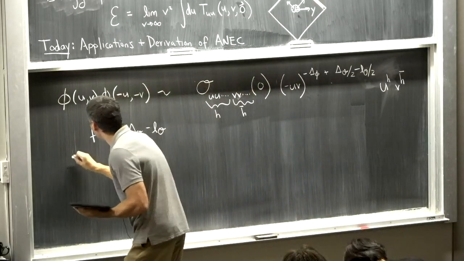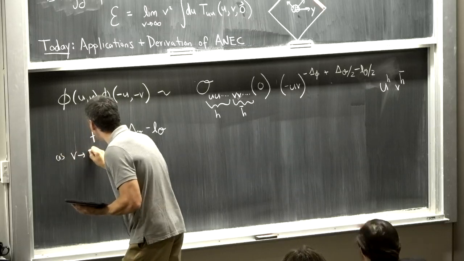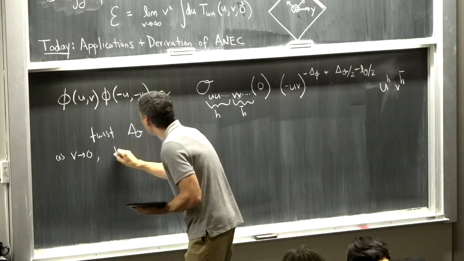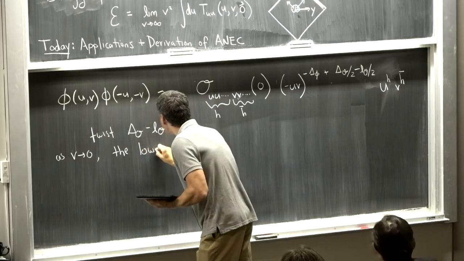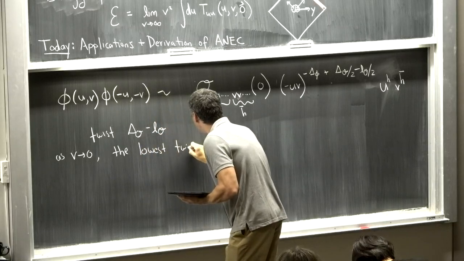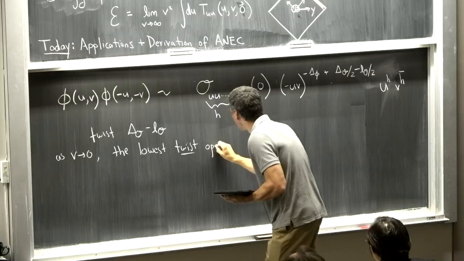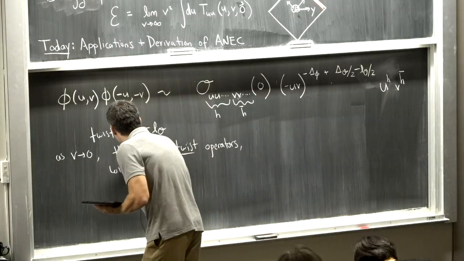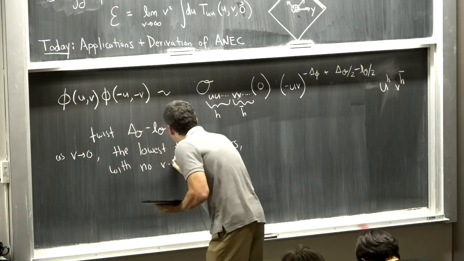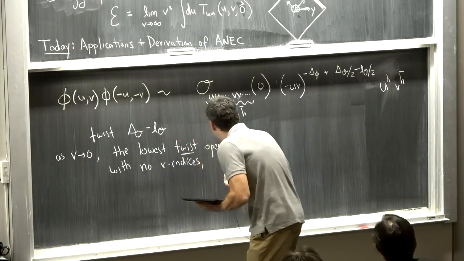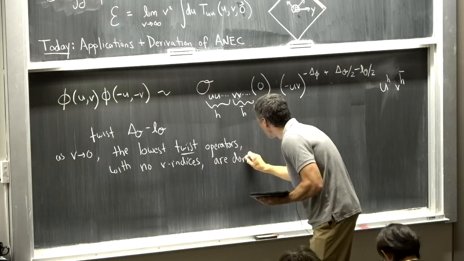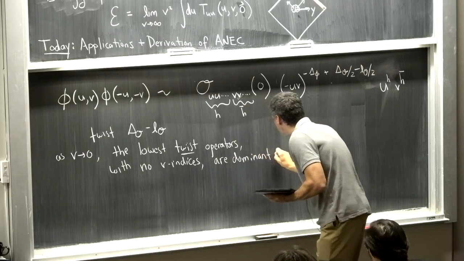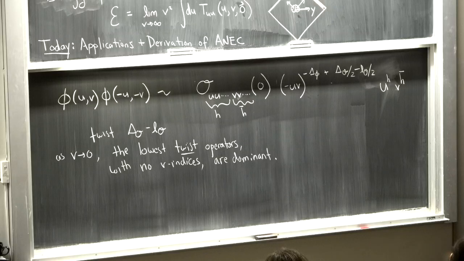And what we see is that as V goes to 0, the lowest twist operators with no V indices are dominant. Those are the biggest contributions. So the light cone expansion, the expansion near the light cone, is an expansion in twist.